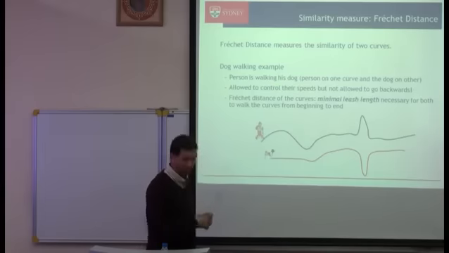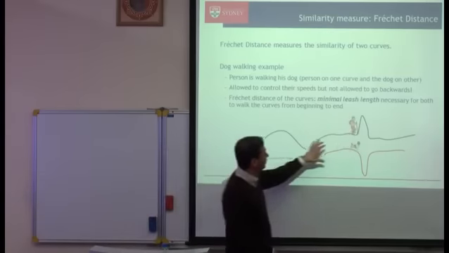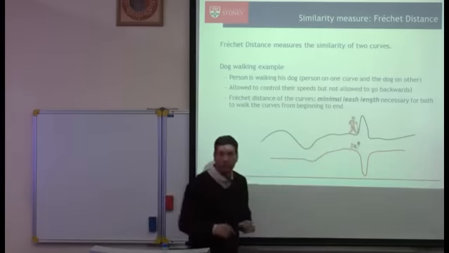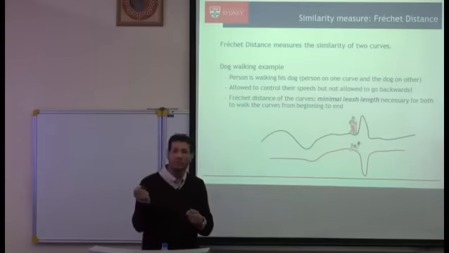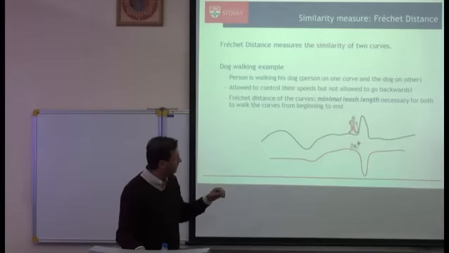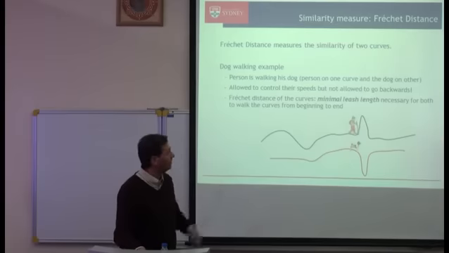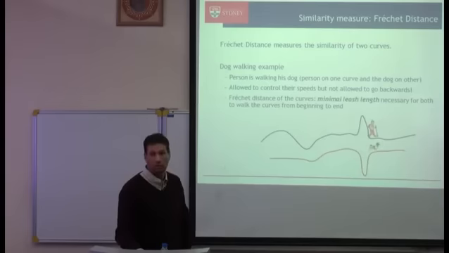Right? So let's look at this, for example. These two guys, well, dog and a person, they walk along this curve and then they get to these two bumps. Now you want to minimize the maximum distance, right? So instead of letting these two, the person and the dog, walk at the same time, we can say, well, let's let one of them walk first. Okay, so we let the person walk first, and when he's over the bump, we let the dog walk.